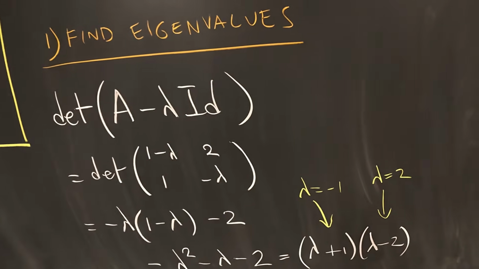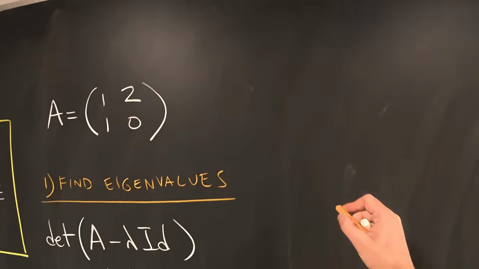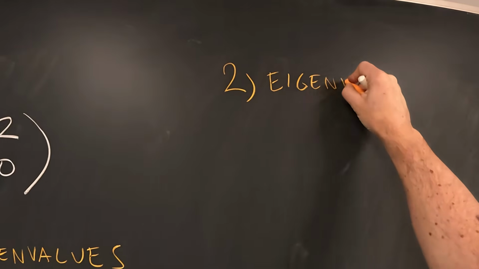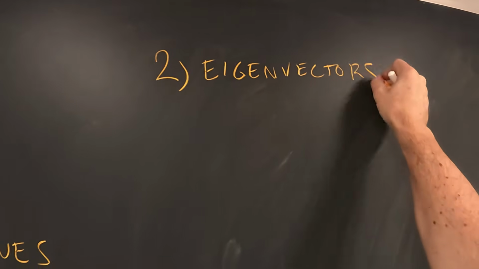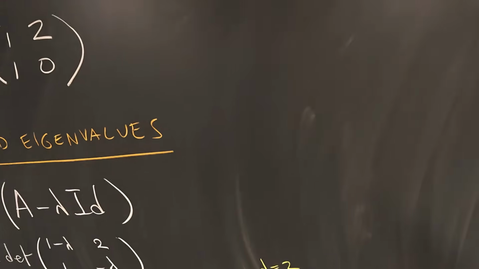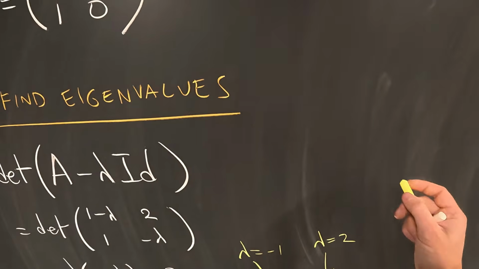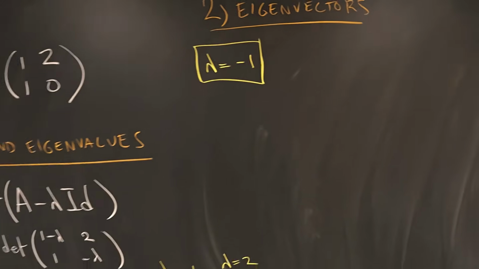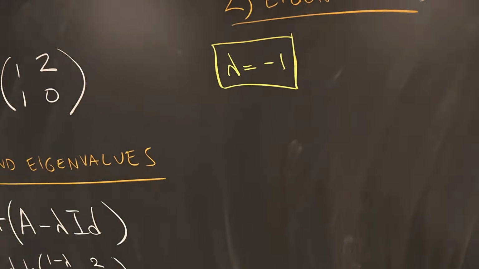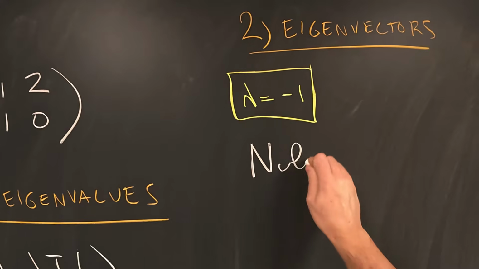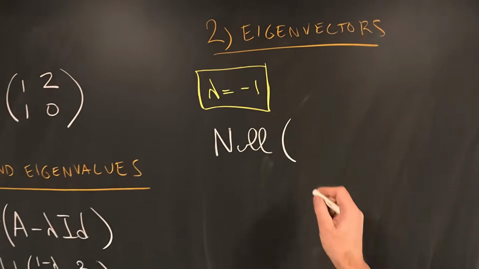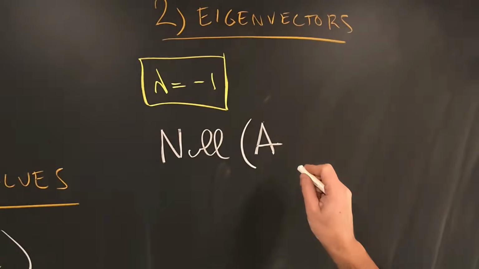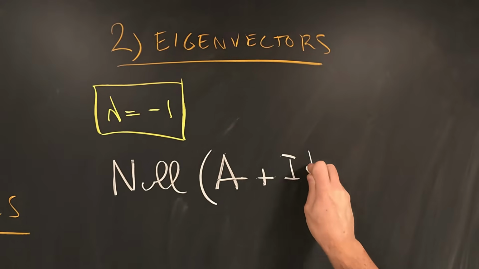Great. So now I can find eigenvectors for these eigenvalues. I have two eigenvalues. For the eigenvalue minus 1, what I find is the null space of the matrix that I get when I apply lambda equals minus 1 here, so it's A plus the identity.